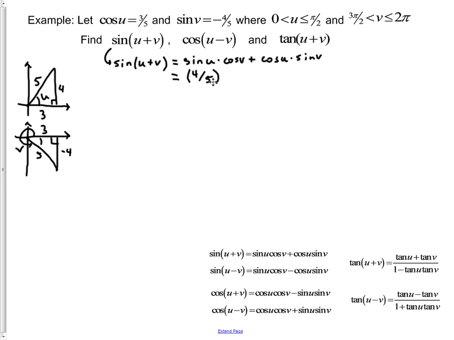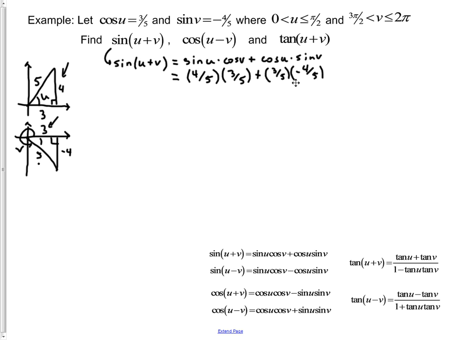If we go to our original drawing, sine of u is the opposite over the hypotenuse, so that is 4/5. Cosine of v is the adjacent over the hypotenuse in this second triangle, so that's 3/5. Cosine of u, we know, is 3/5. And the sine of v, we said, is negative 4/5.